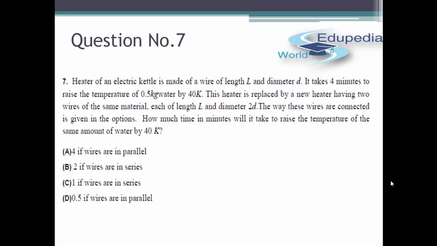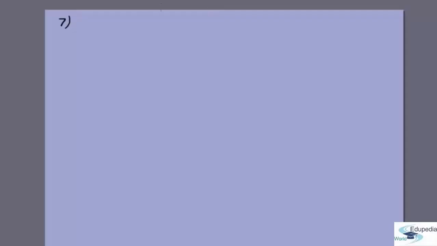So the first equation which will be of use will be Q is equal to ms delta T. The total heat supplied, delta Q, will be equal to 0.5 into S. We can put in the values, but even if we don't, we just need the ratios, so it won't matter anyway. 0.5 into S into delta T, which is 40 Kelvin.